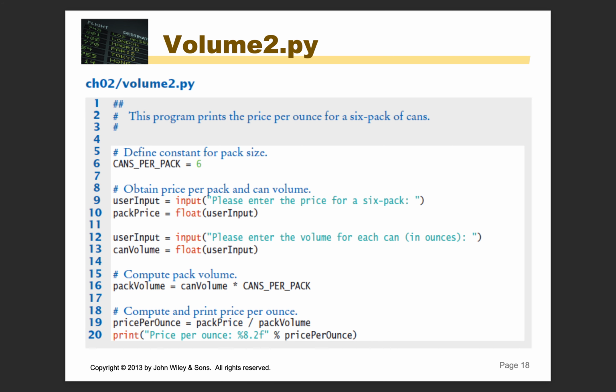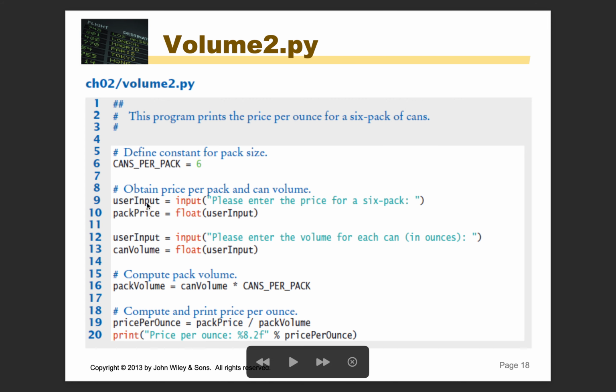Okay, so this is the start or a continuation of the program for working out the price per ounce for cans versus bottles. You might want to pause the video and copy this down, remembering that the hash symbols indicate the start of a comment, and that we're using all capitals separated by underscores for constants.